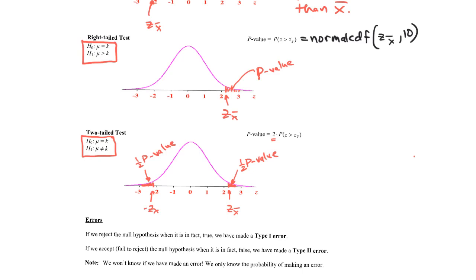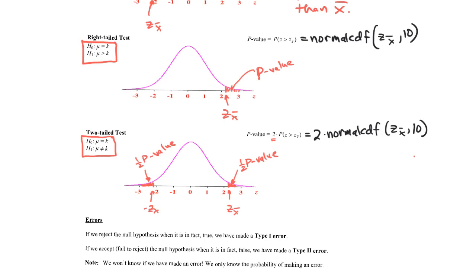So what we would do to use normal CDF, well, first we need a 2, and then we go 2 times normal CDF, z sub x bar, comma 10.